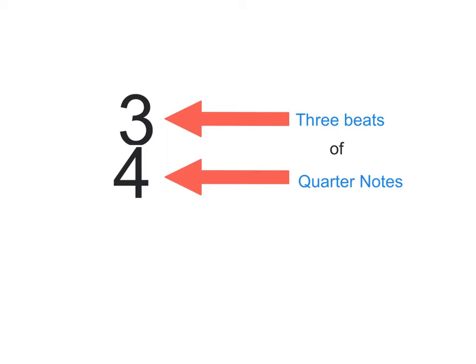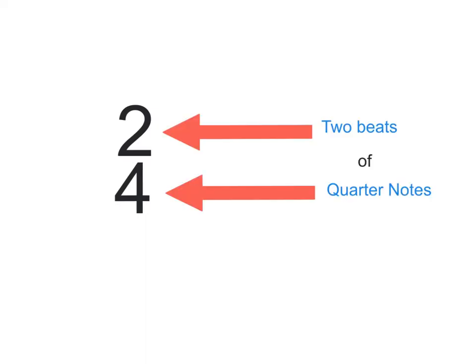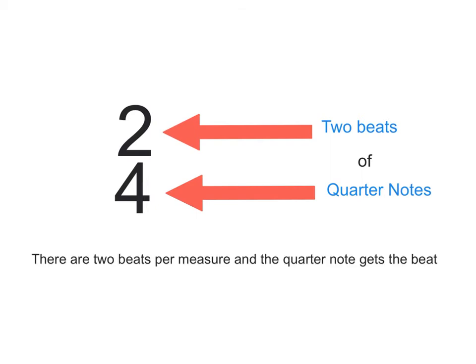Another way to say it is that there are 3 beats in a measure and that the quarter note gets 1 beat. In the case of a time signature that is 2/4 or in 2/4 time, this means that 2 beats of quarter notes, or you could say there are 2 beats per measure and the quarter note gets the beat.